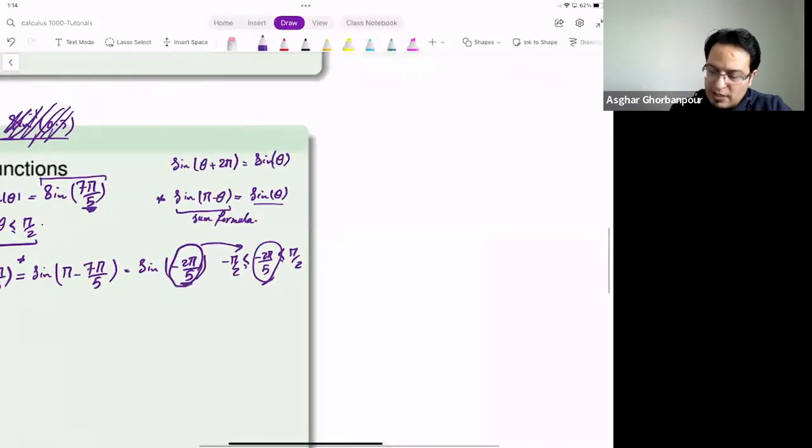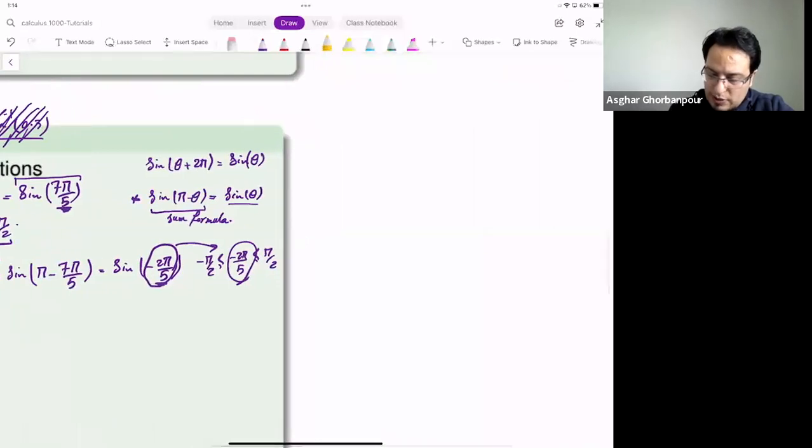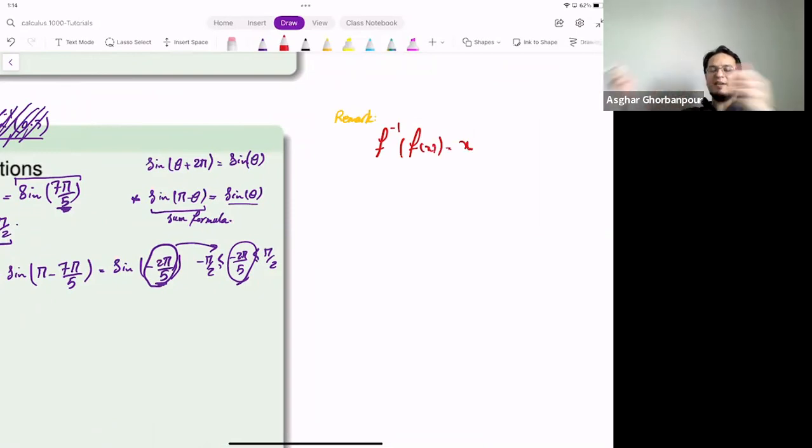You see, in general, there is a fact that I want to remind you here, a remark: when you have f inverse and you apply it on f of x, that will give you x back, because it's reversing what f has done. They cancel each other, or the other way around is also true.